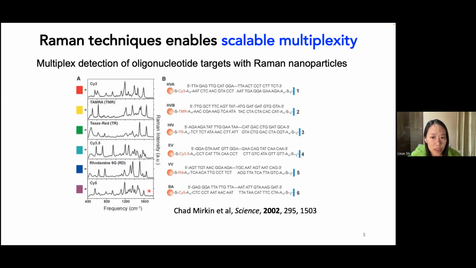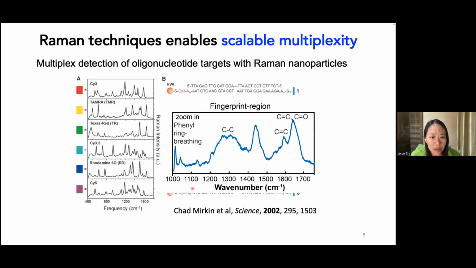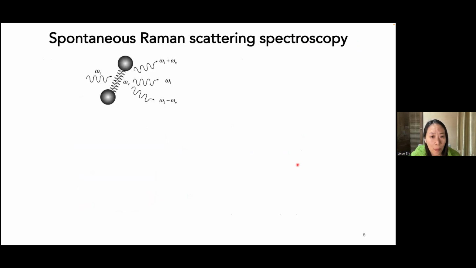Their signature peaks are all in the so-called fingerprint region. As indicated by this Raman spectrum of the cell sample, the fingerprint region is already very crowded and contains Raman backgrounds from endogenous biomolecules inside cells. So one grand challenge for developing Raman-based multiplex imaging tools is the lack of chemical innovations.